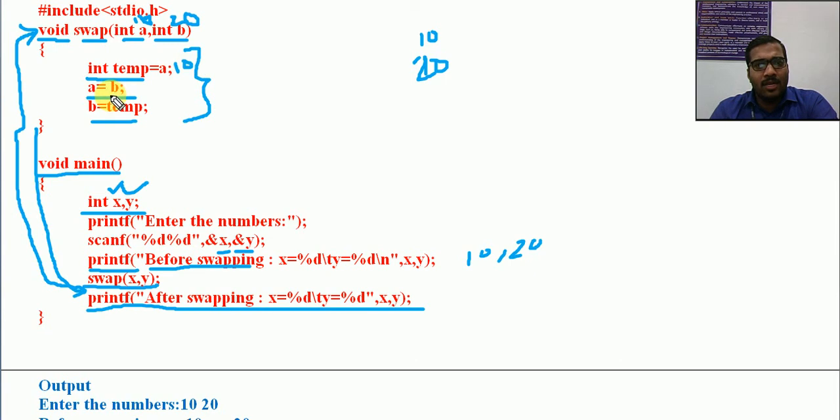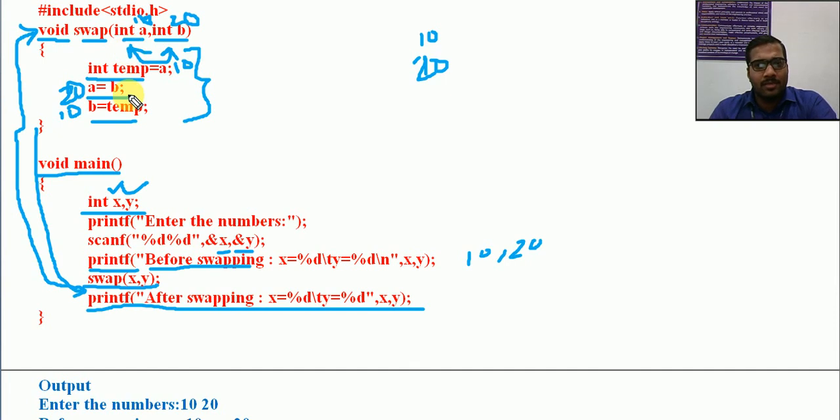Then a is equal to b. So whatever is there in b will be assigned to a. Now a will become 20. Then b is equal to temp. What is there in temp? That is 10. That means b will have the value 10. Now these values of a and b are being swapped.